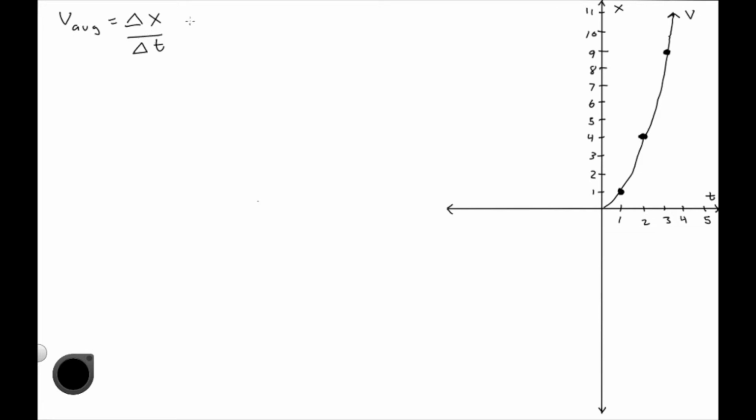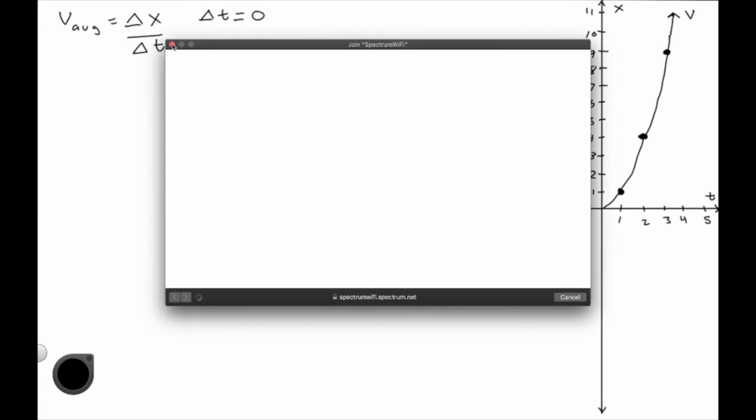However, we don't actually want delta t to equal zero, because if delta t were to equal zero, then there would be no change in time, and therefore there would be no velocity at all. Also, if delta t were equal to zero, then we would have a zero in the denominator, which would make our velocity undefined, which is not allowed.